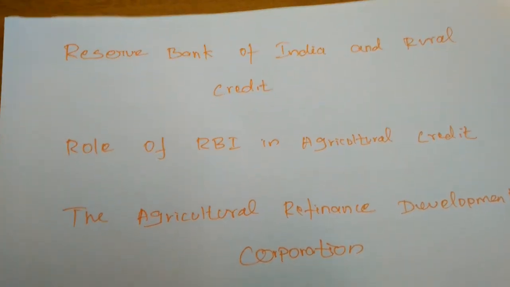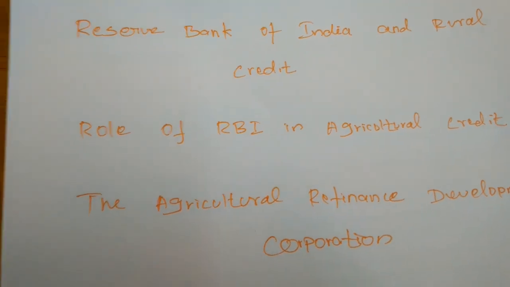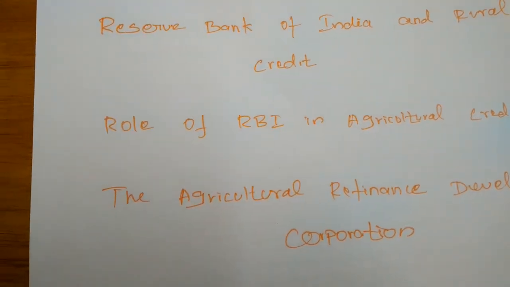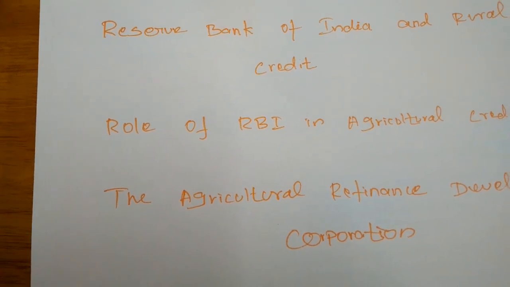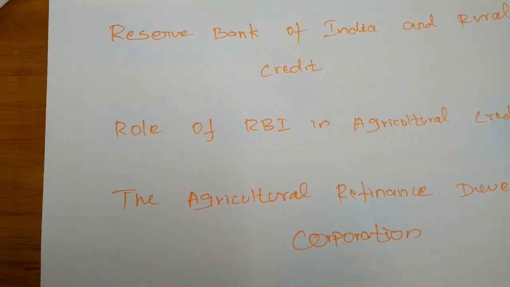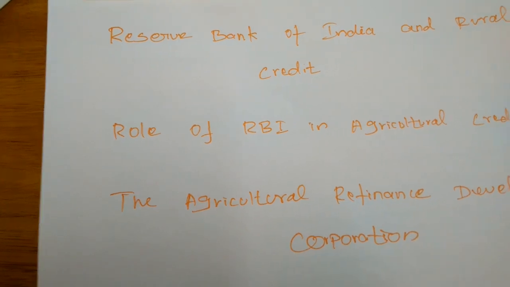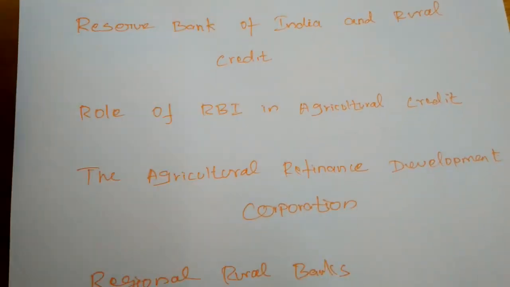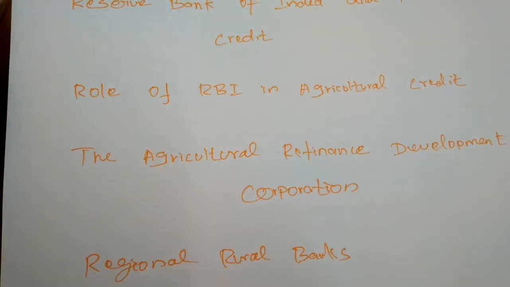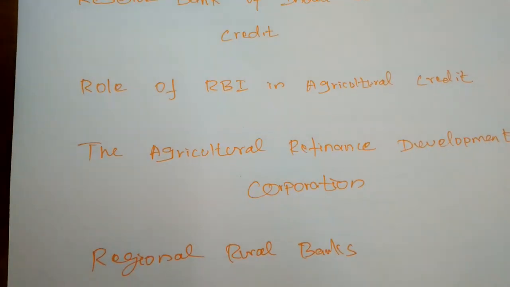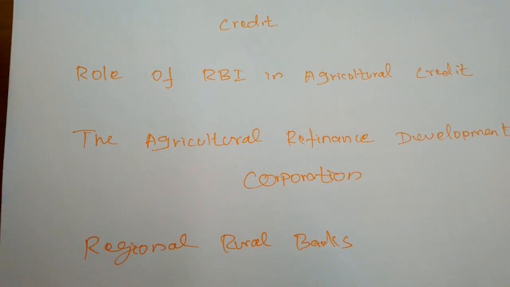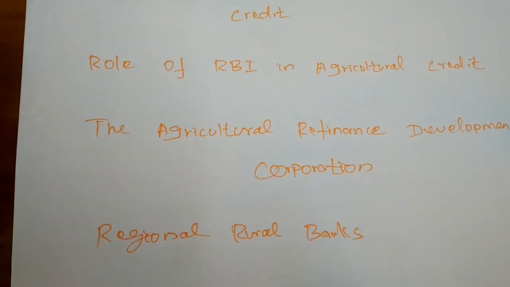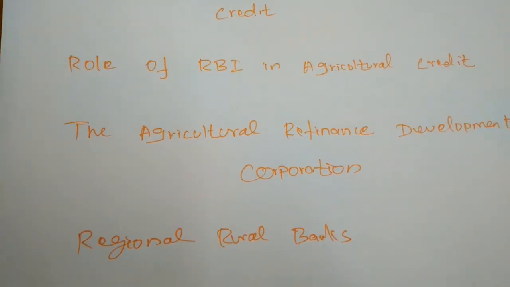In order to fulfill this important role effectively, the RBI set up a separate agricultural credit department. However, the volume of informal loans has not declined sufficiently. So whenever agriculturists are in need of financial facilities to improve agriculture, the RBI has set up a separate agricultural credit department.